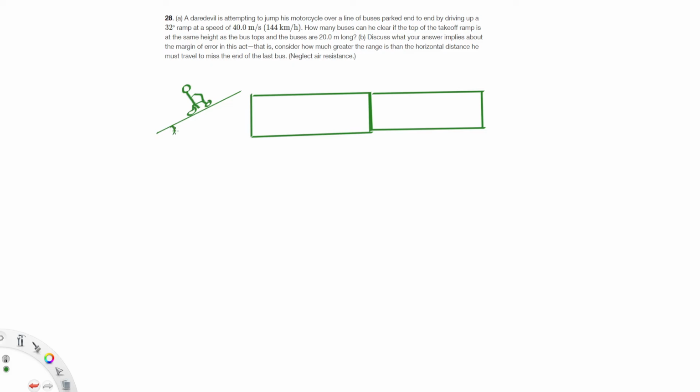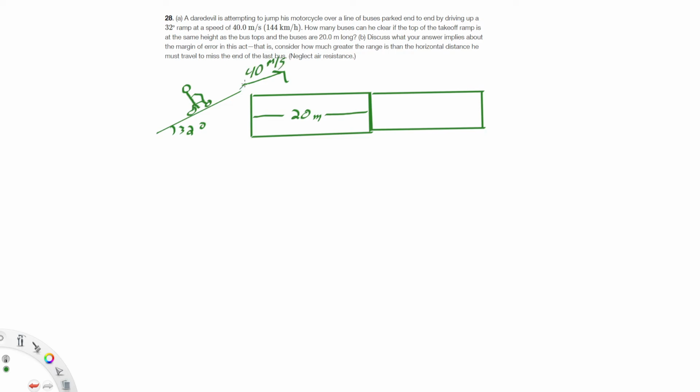The ramp is angled at 32 degrees. The buses are all 20 meters long. The initial velocity is 40 meters a second.